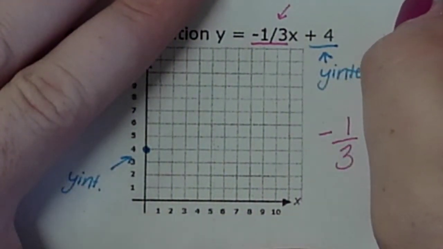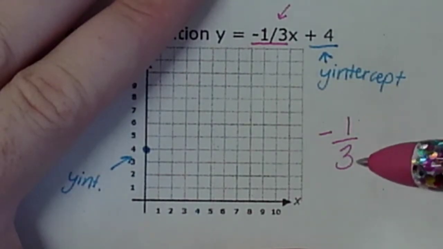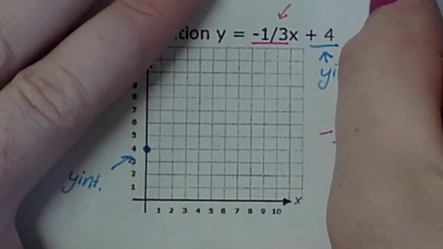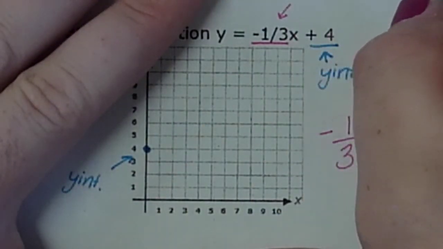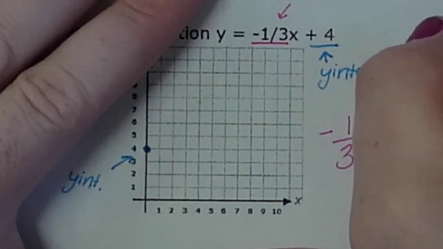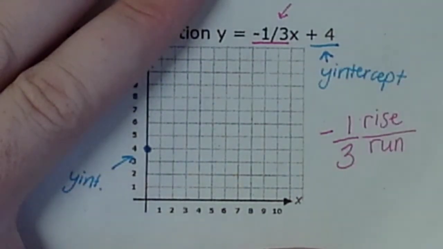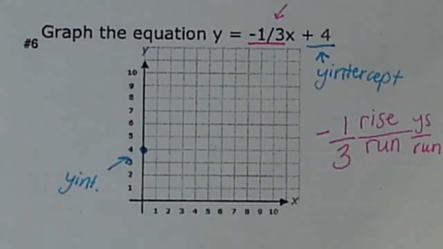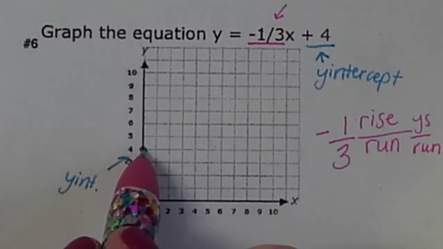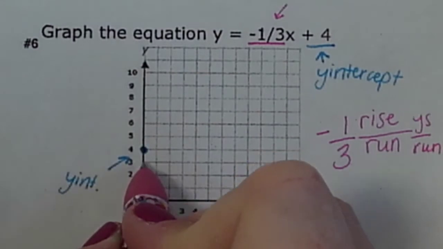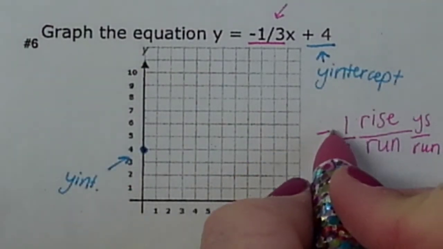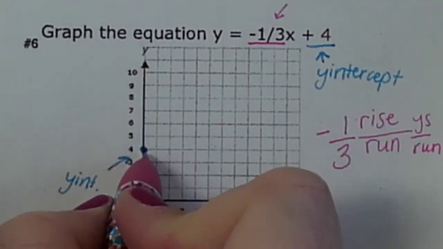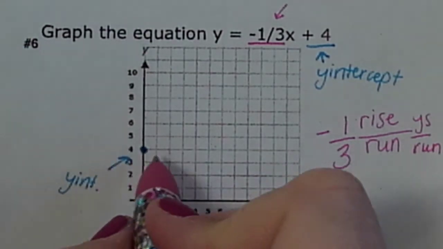Remember, it's change of y over change of x, or you could do it as rise over run, or for my class, I've been saying y's over run. Then we're going to go from this point down 1, because instead of rising, it's a negative. So instead of going up, you're going to go down. And then you're going to go over 3.